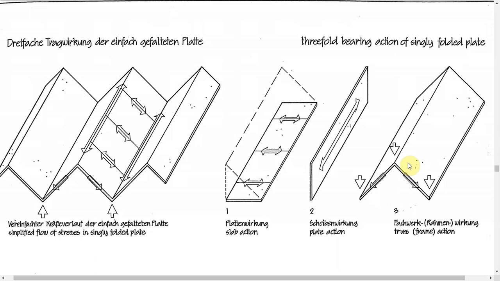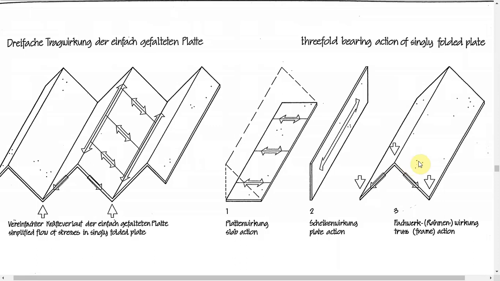A member is either in compression or in tension, but in surface active structure systems, both types of stresses are carried by a single member itself, and it is a continuous member.